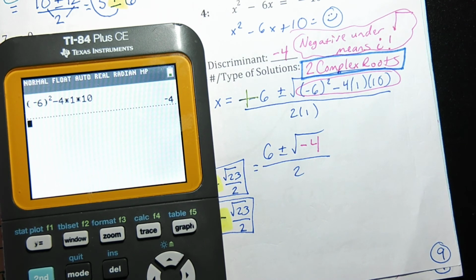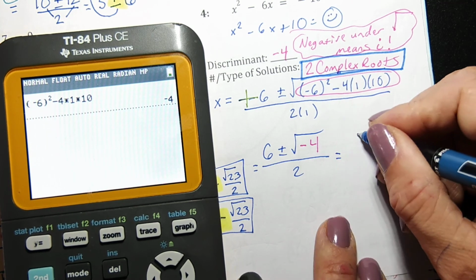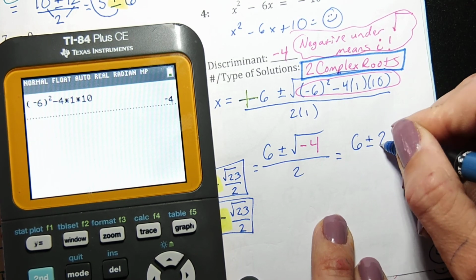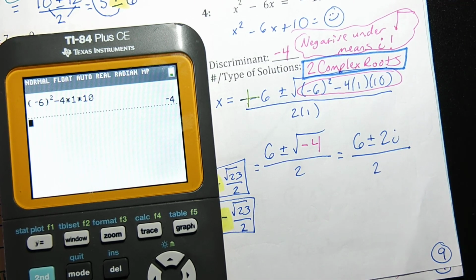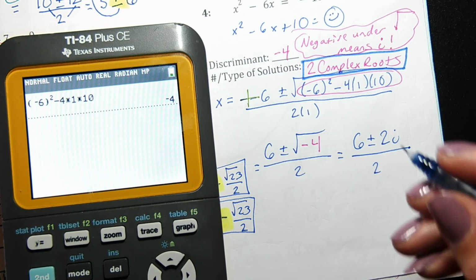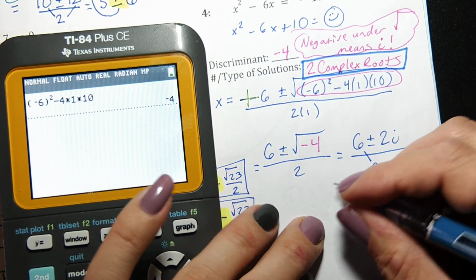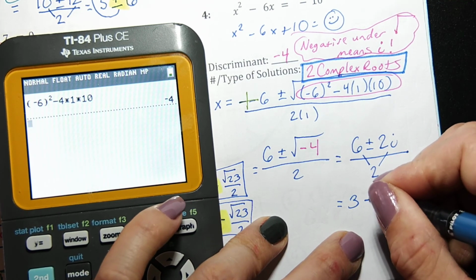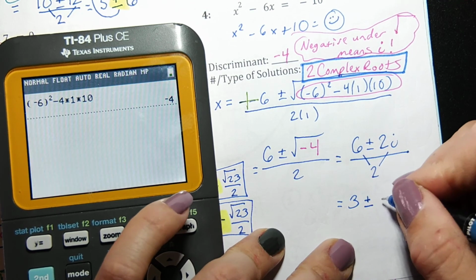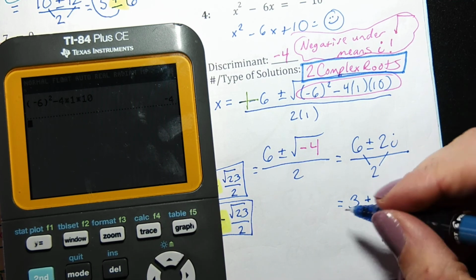So now to simplify this, after we've calculated the discriminant, we simplify the square root itself. So what is the square root of negative 4? 2i. From here, division distribution. 6 divided by 2 is 3. 2i divided by 2 is 1i or just i.